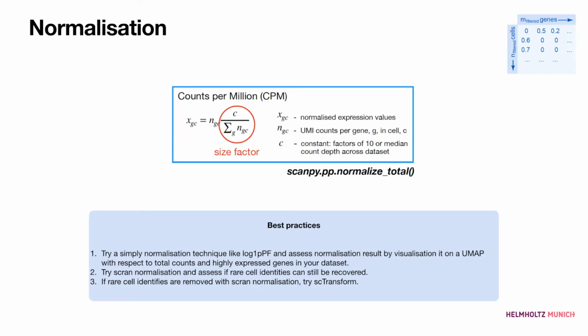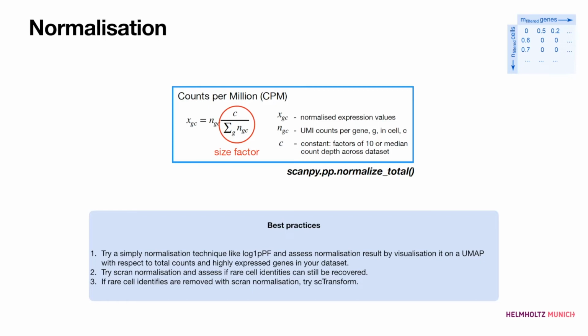We have a quite simple method in Scanpy to do this, which is the normalize total method. This essentially estimates the size factor by just looking at the total number of counts in each cell and normalizing by this. So this is a very simple way of doing this.